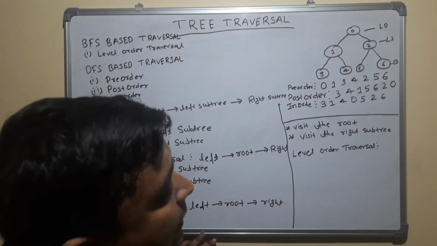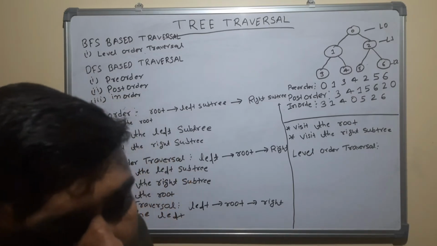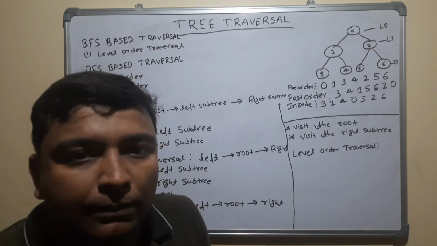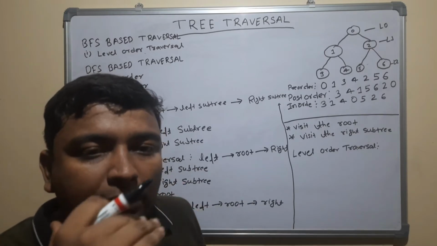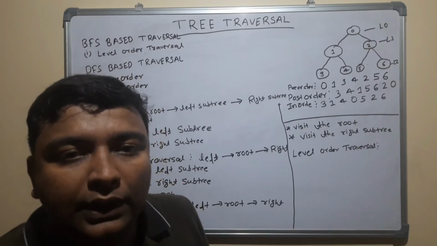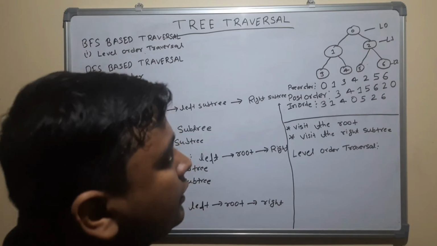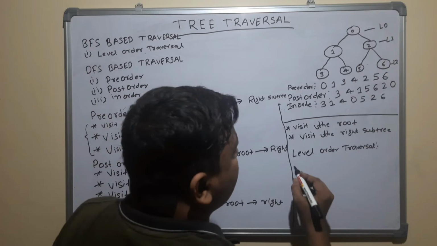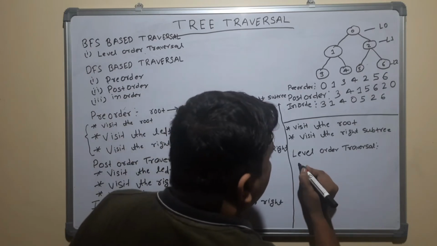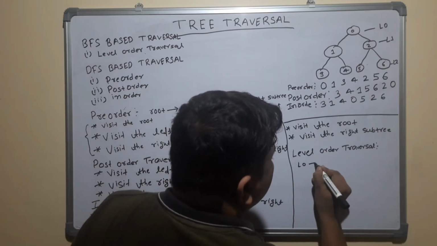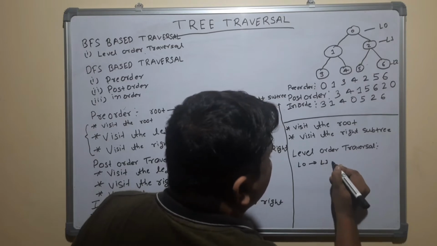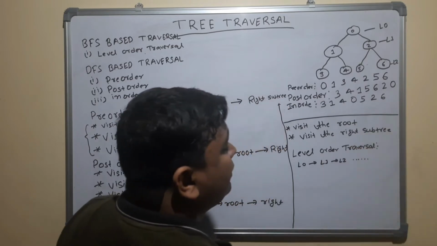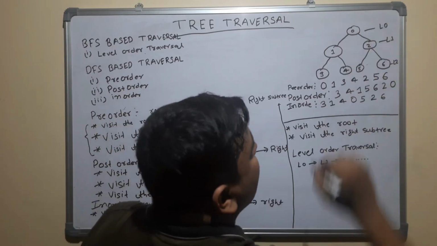So in level order traversal, what happens? First it will process level 0, then level 1, after that level 2. It will be processed like that: L0, then L1, then L2, and so on. So what would be the level order traversal?